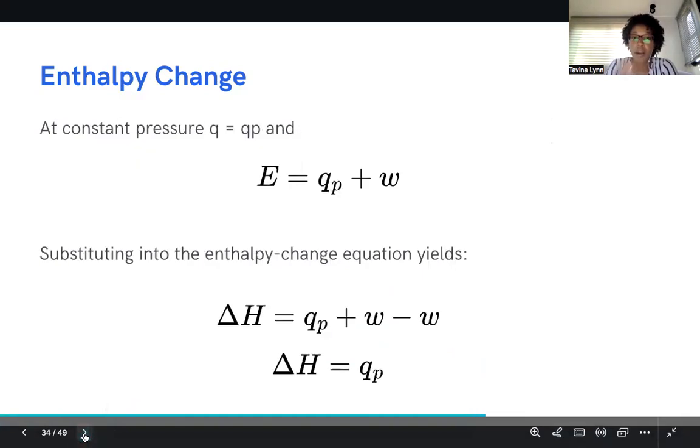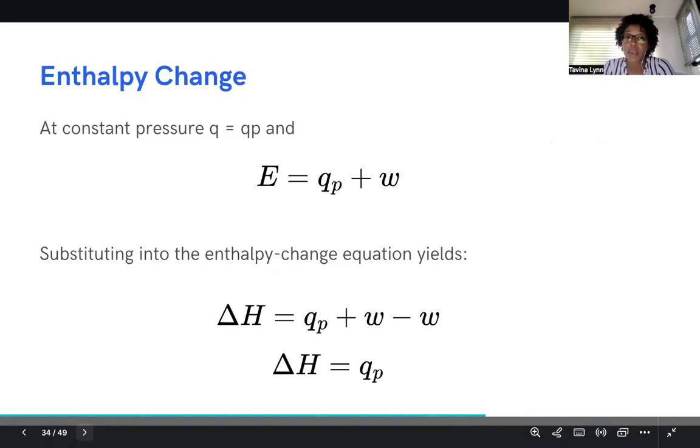Recall from the first law of thermodynamics that our change in energy is equal to the sum of our heat transfer plus the work: the heat being transferred between our system and surroundings plus the work being done on or by our system.